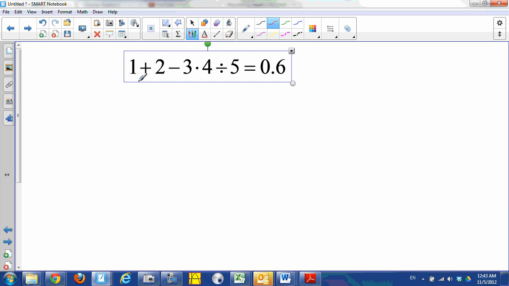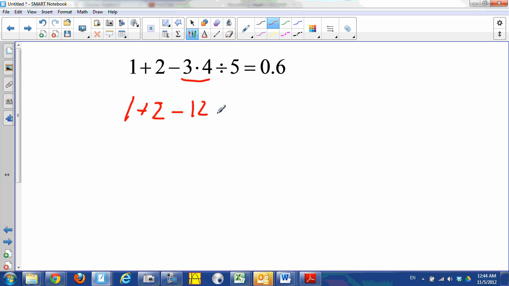So we look across here, and the first operation that's going to take place is the 3 times 4, because that's multiplication slash division, and we encounter multiplication before we encounter division. So we don't do anything with 1 plus 2, but we take 3 times 4 minus 3 times 4, that's 12.